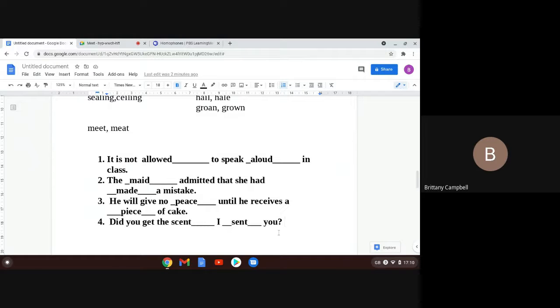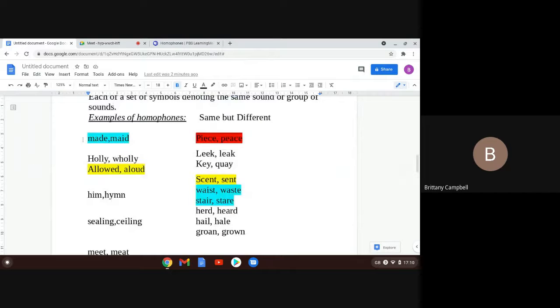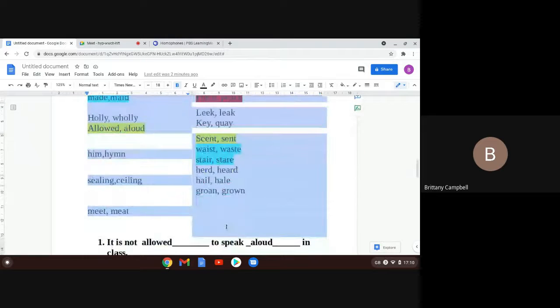Great job. Now, what I want for you to do, based on these target homophones for your activity, you are going to go ahead and find the meaning of each term and make sentences with each.